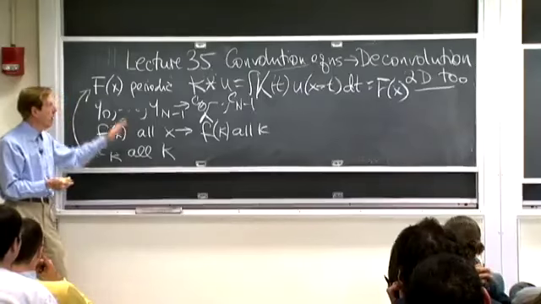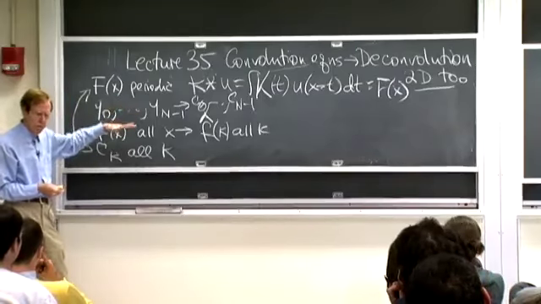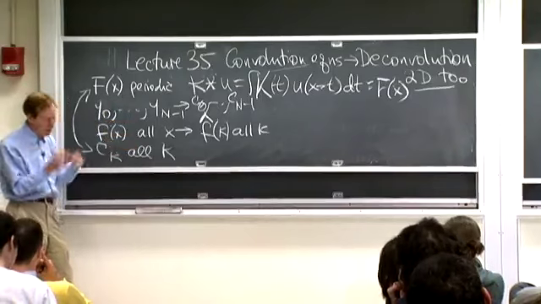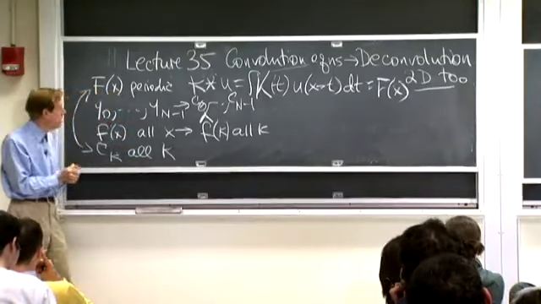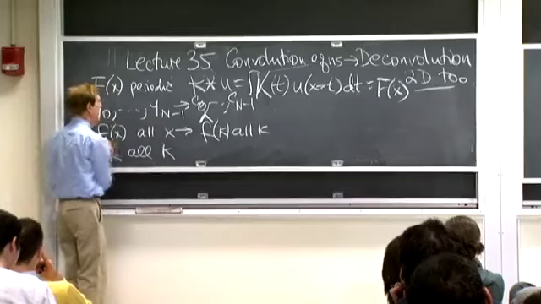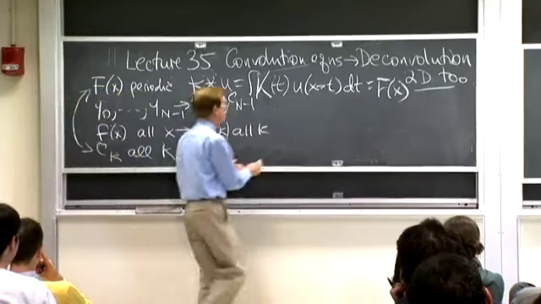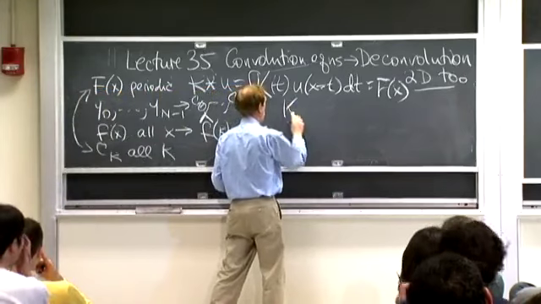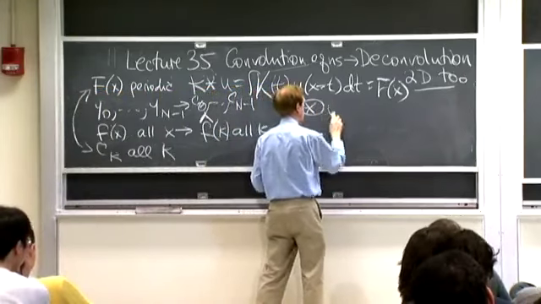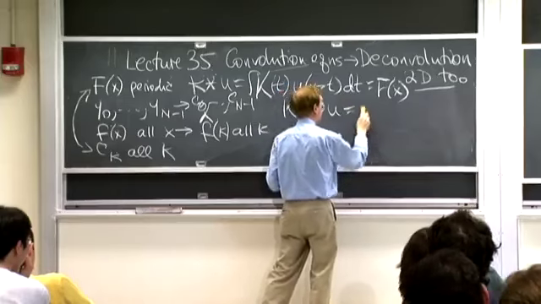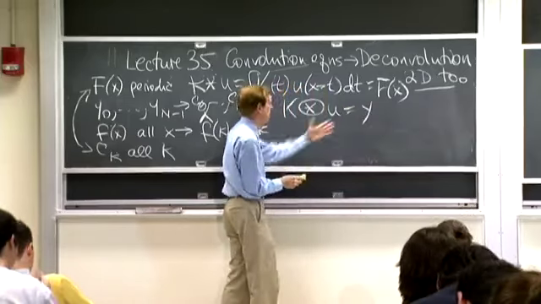Okay, can I write down the similar equations for the other three here, and then we'll think, how would we solve them? So the equation here might be that some kernel circled, convolved with the unknown u, is some y. These are now vectors.